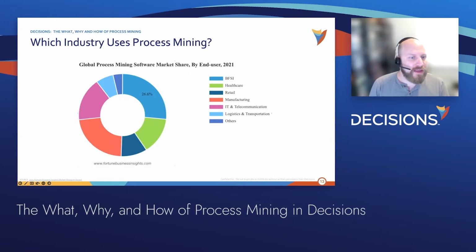But things like healthcare and IT and telecommunications, those industries also having a large presence of using process mining. But really, the tool is industry agnostic. It can be used across industries based on what processes you have that may need to be analyzed.